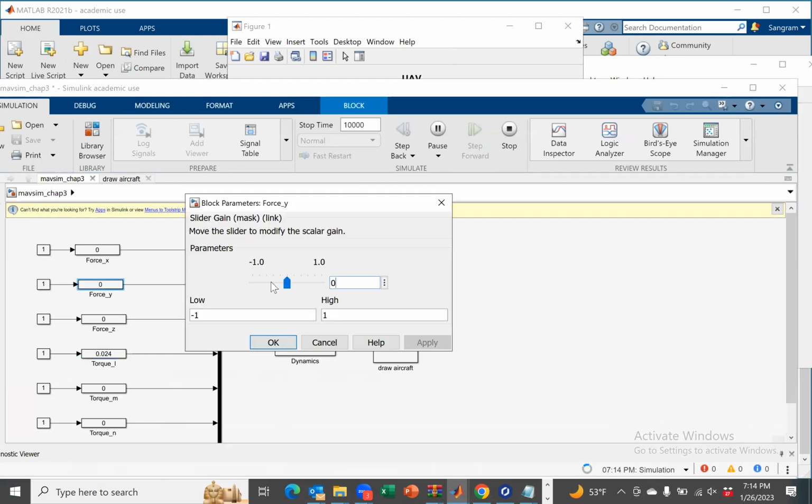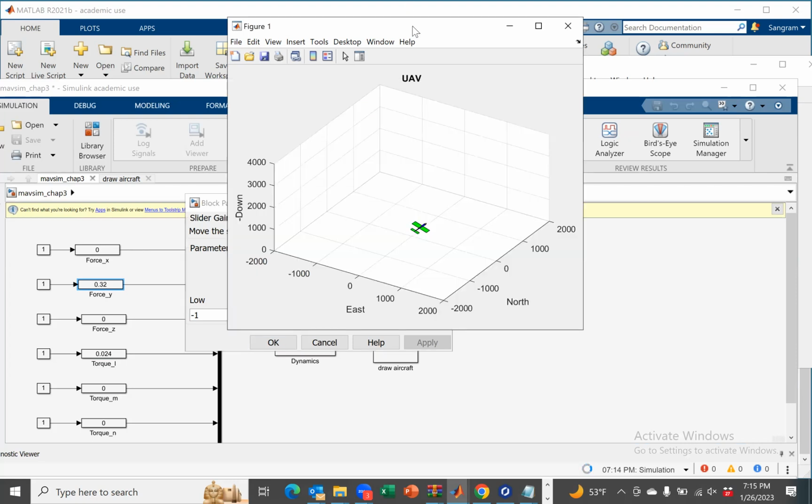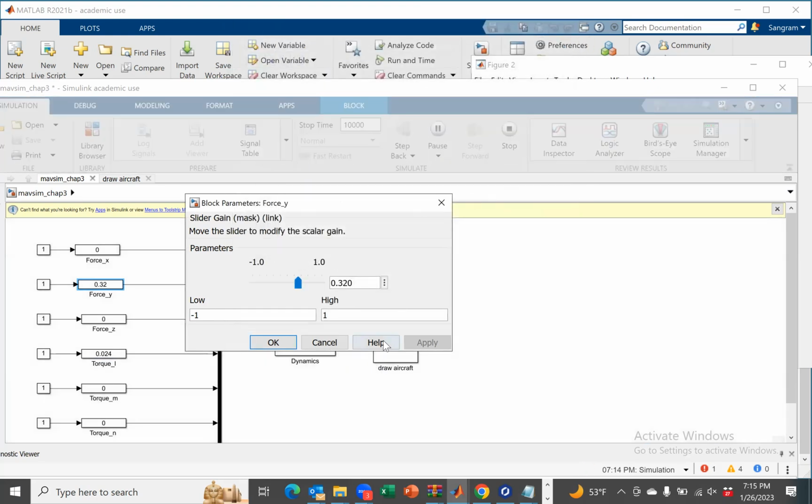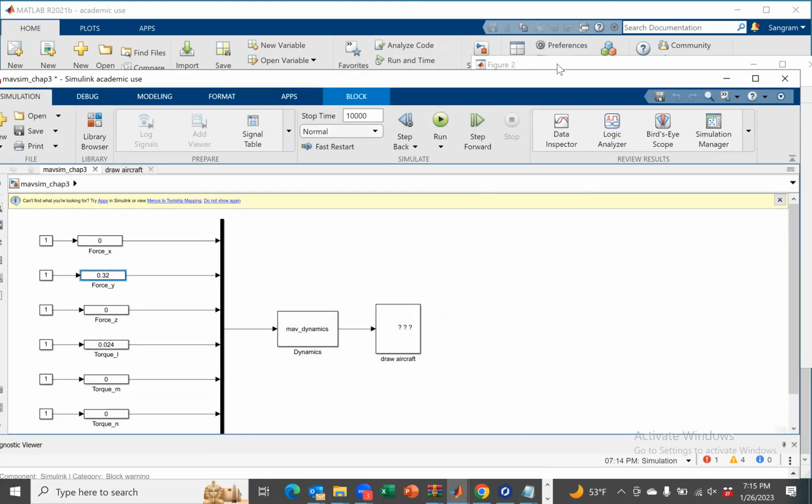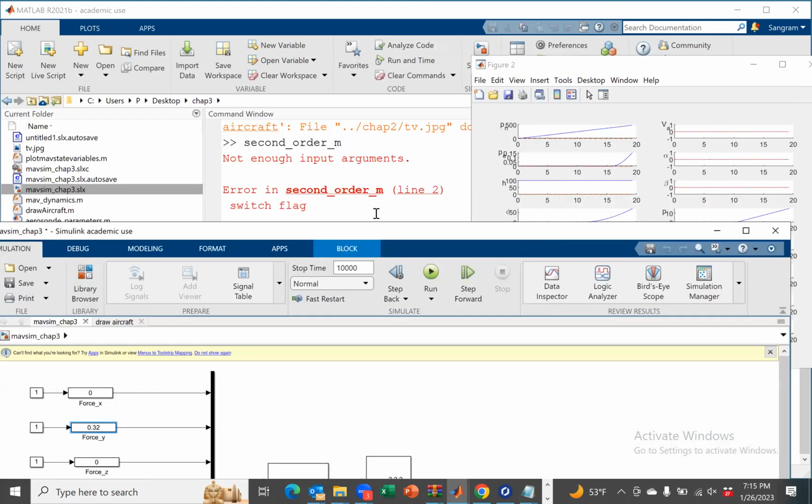So you can change these values, and then you will see the aircraft maneuvers. The aircraft is changing, and you should do something similar. Now let me show you. Yeah, it will do the dust roll and all. It will show you all the things.